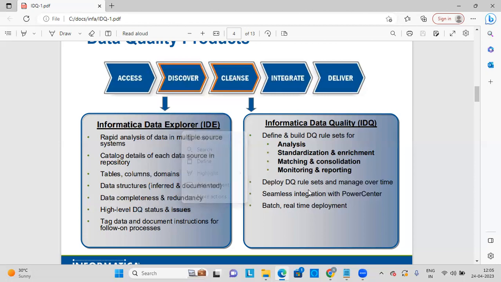Here also we can identify duplicates, but only at a high level; the detailed part is done as part of IDQ. Just remember one example: the detailed identification of duplicacy would be done as part of IDQ, whereas in the discovery layer or Explorer layer, we can identify high level data quality issues. Clear?